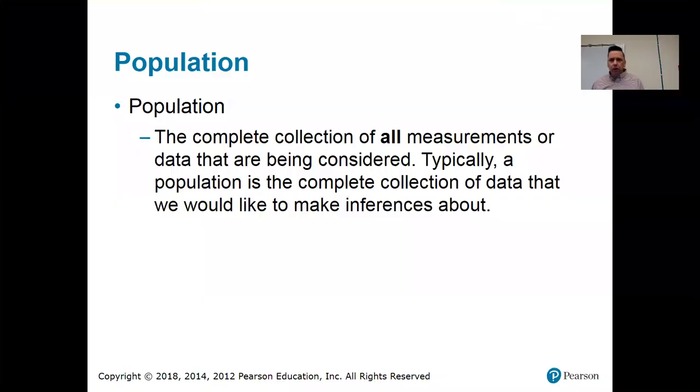All right, continuing with the vocabulary, we're going to talk about a population versus a sample. That is a super important thing in statistics. So when you're talking about a population, you're talking about everybody or everything that you're studying. Okay, so good example, all Merced College students would be a population.